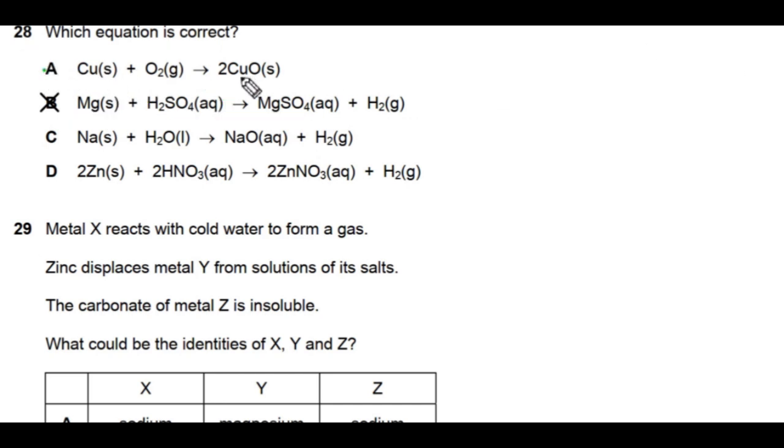Here there are 2 copper, but here 1 copper, so this is wrong. Sodium reacts with water to produce sodium hydroxide, so this is wrong. Zinc reacts with nitric acid; the zinc nitrate formula written as ZnNO3 is wrong. So B is the right answer.